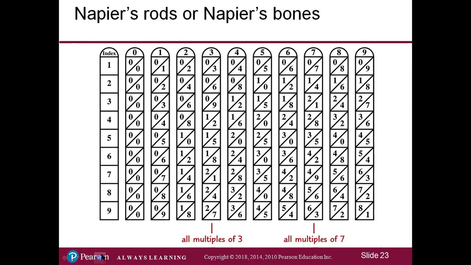Let's get an easy one for us, fives, right? So looking at the fives row this time, not the column, but the row, then in this fifth location, you again see all the multiples of 5. 0, 5, 10, 15, 20, 25, 30, 35, 40, 45. That's all of them.